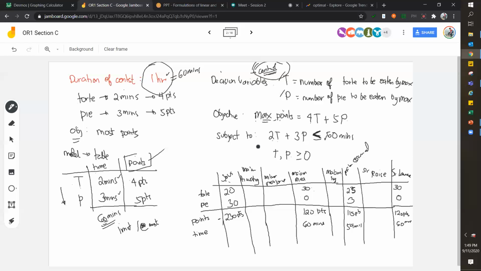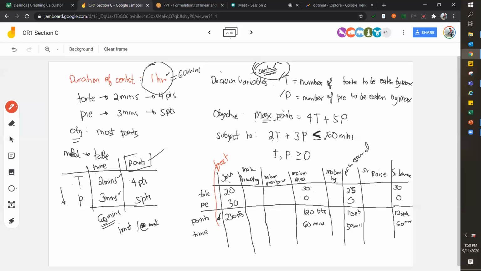Agree? So dapat kainin ni Max 20 and 30. Agree po ang lahat? So ito pala yung best option.